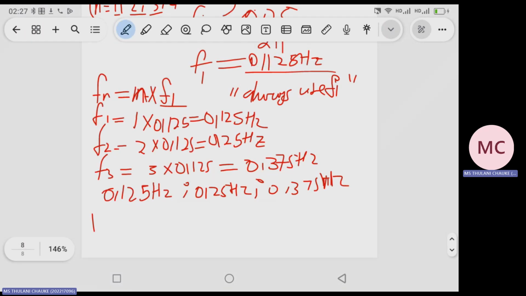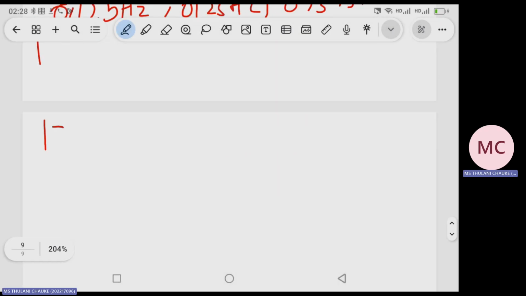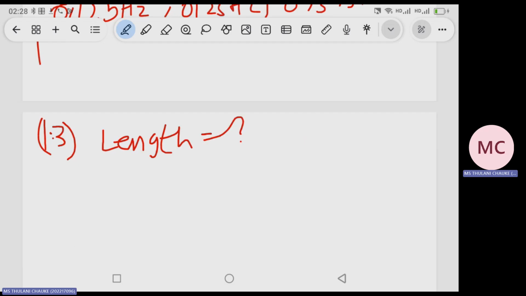So what you will do here is, for the frequency of the open pipe, you'll first calculate the length, right? Because we don't even know what the length is. You first get the length because it's an unknown.